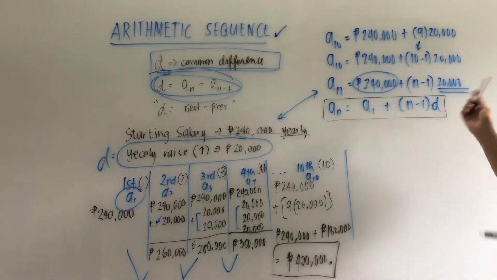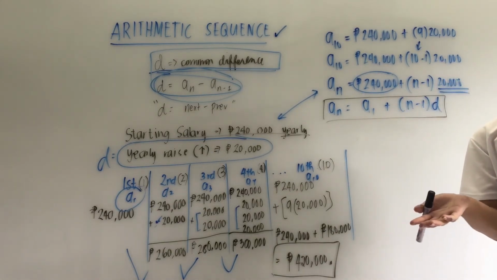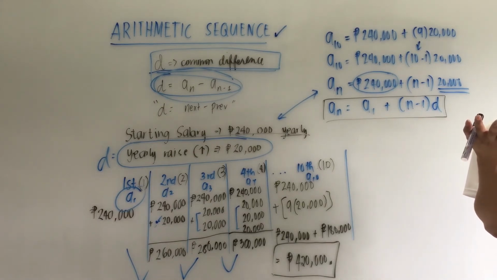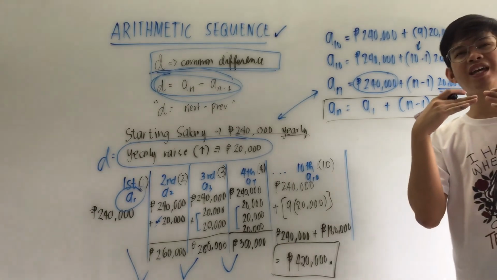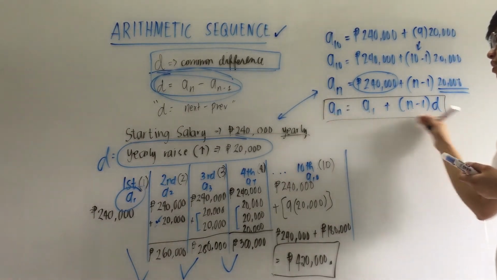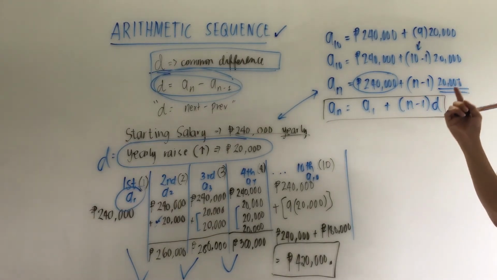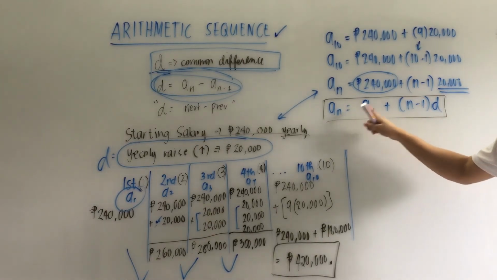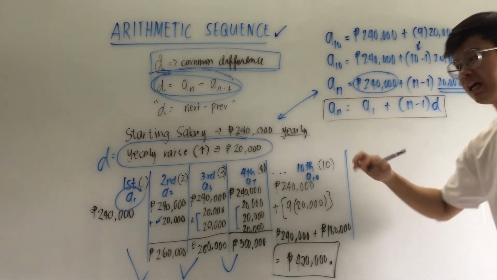Okay, now for you to memorize it, my previous students would not really memorize this part by part, but they will be thinking of a sentence that constitutes all the things here, okay? How do you read this? It's A sub n equals A sub 1 plus n minus 1 times d, and they read this as "an I need."